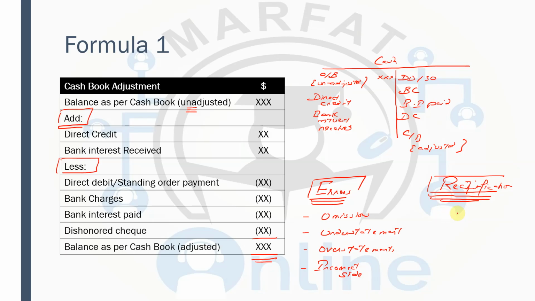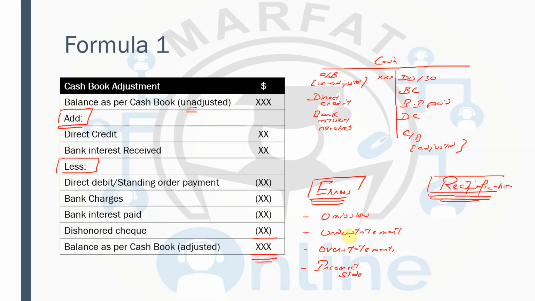So the omissions adjustment is quite simple. You forgot to record something, for example direct credit, which is recorded on the debit side, so just record it on the debit side. Or for example, if you're doing it in the statement form, direct credit is added, you just add it to the balance.